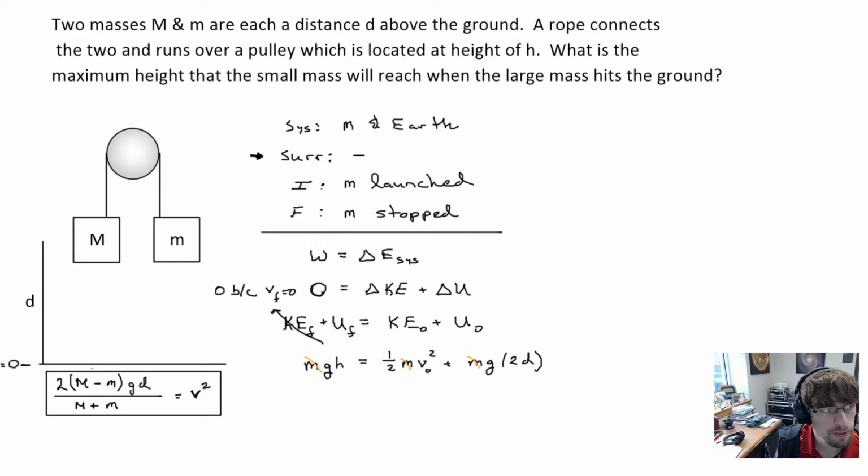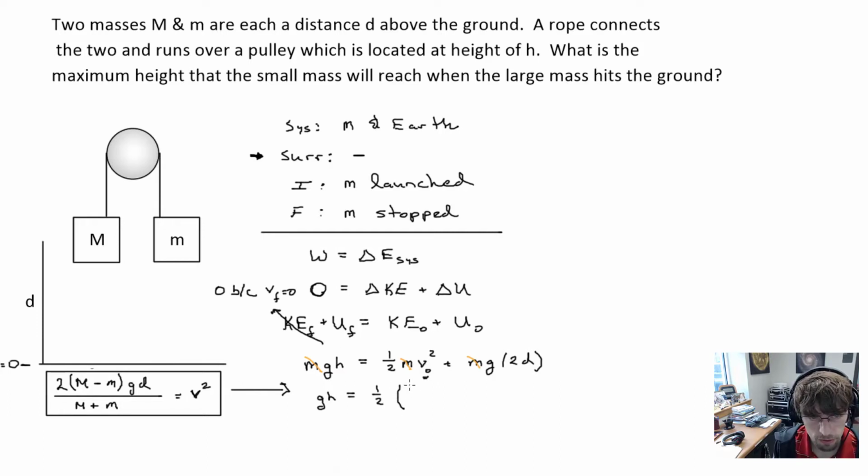And now we're in a position to use the results of step 1. We're going to substitute that in right here for that. So we get something that says, okay, well, g times h equals 1/2. And now you see why I left it as v squared, because I knew I was going to need to square it anyway. No sense in taking the square root. So I am lazy. Let's see here.